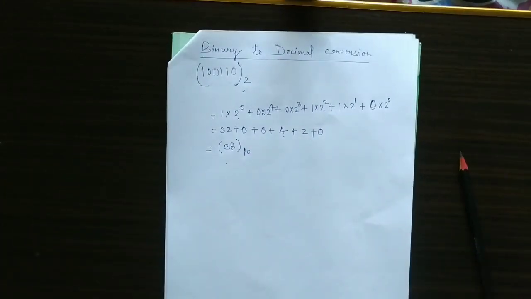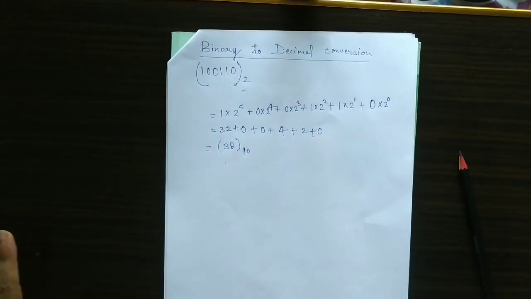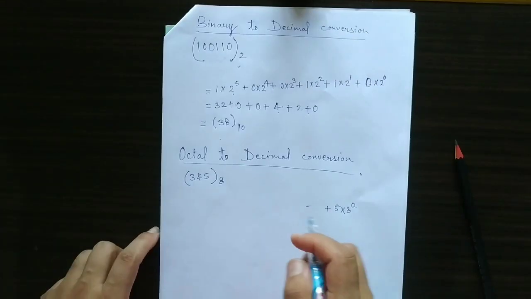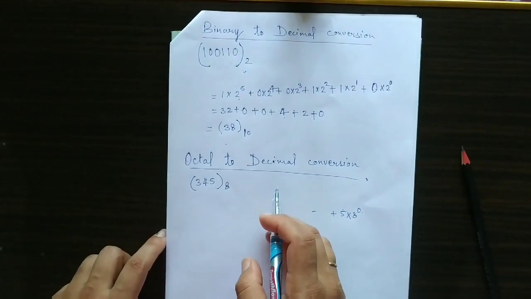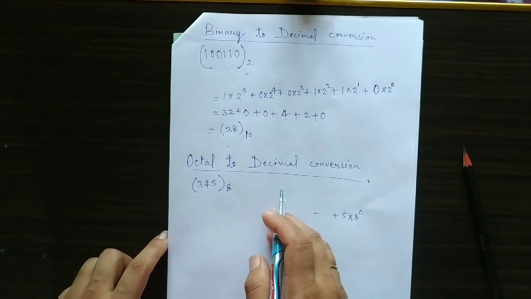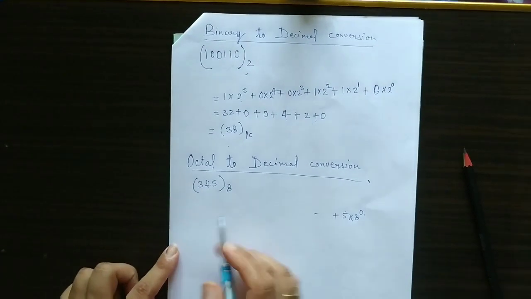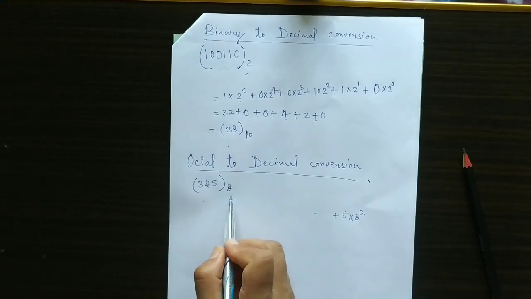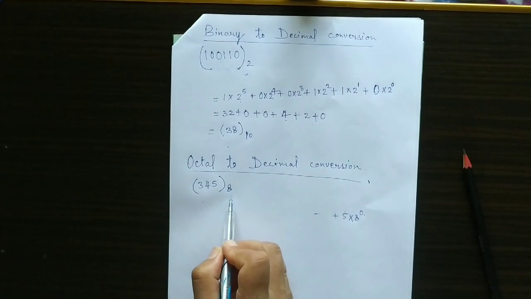In similar manner, we will convert all the others, the octal and hexadecimal, into decimal. Now I am converting octal to decimal. For example, octal number is 345, which has base 8. Now I will convert it into decimal.